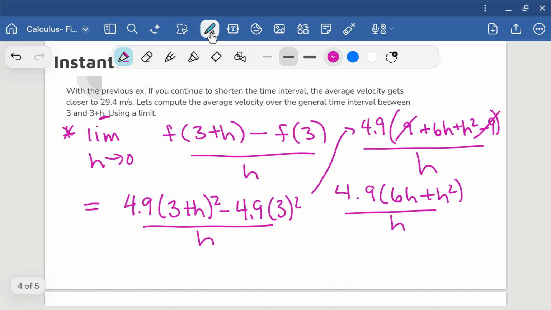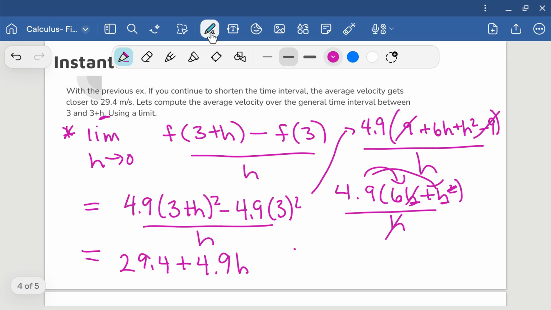And we can take that even further by factoring out an h. And then we would see that one of those h's would cancel, and we would get 29.4 plus 4.9 times h. So again, we're taking one of these out and we'd be left with just one there, and then you'd also be distributing that through. Sorry, if the math was going a bit too fast here, let me know. I can always do one other video where we slow that down.